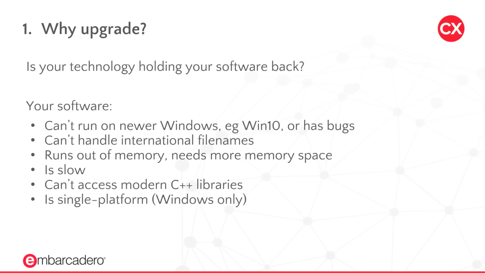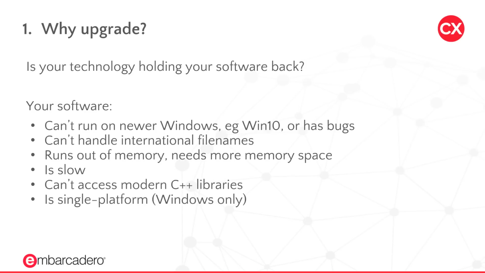It might be running out of memory and needs more memory space, and so you might be looking at upgrading to 64-bit, which will mean upgrading to a newer toolchain. It might be slow and you want a newer compiler that compiles more performant code. You might find that there are C++ libraries out there that you want to use, but your IDE and toolchain is too old to be able to compile those.